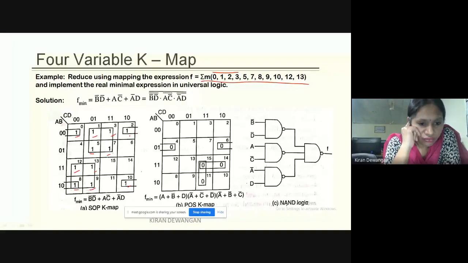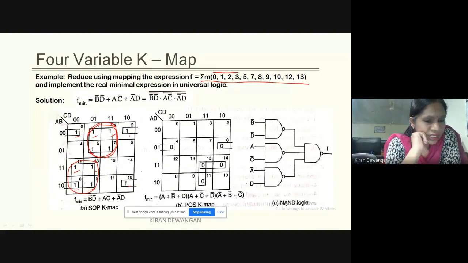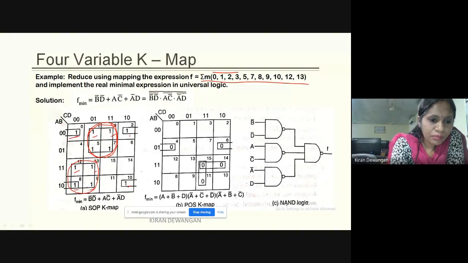Now we have to look into how many quads are possible that cover your min terms. Okay, so very easily we can see one quad here. We can see that this is a quad. Clear? Now we can even see that here also a quad formation is happening. This is the second quad that can be formed. Now we are left with this min term, this min term, this min term.